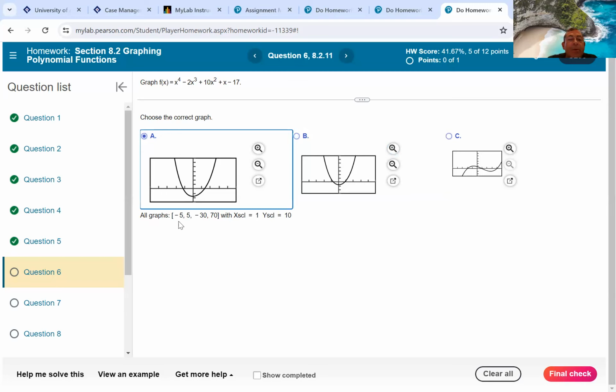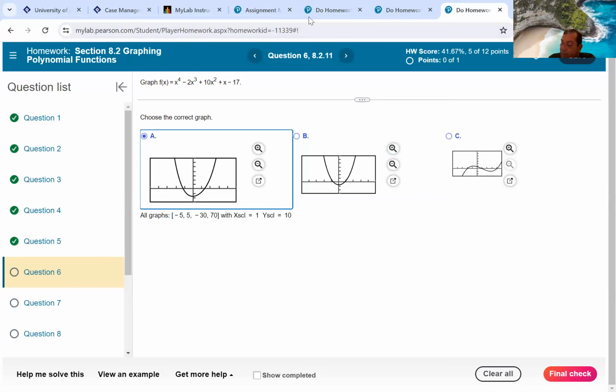But you see, I'm going to show you how to set this -5, 5. You can do that stuff on your calculators. So let me show y'all. Let me write their numbers down real quick. So that was x to the 4 minus 2x^3 plus 10x squared plus x minus 17.